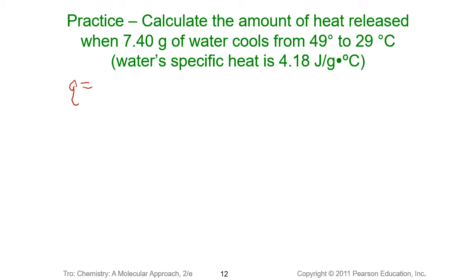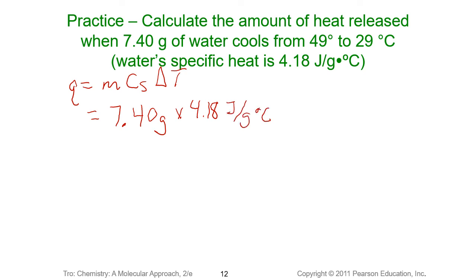Our heat is equal to the mass times specific heat times change in temperature. So the mass of our water is 7.4 grams. The specific heat of water is 4.18 joules per gram degree Celsius. And our temperature change is final, which is 29 degrees Celsius, minus 49 degrees Celsius.